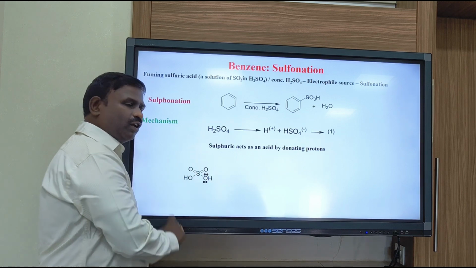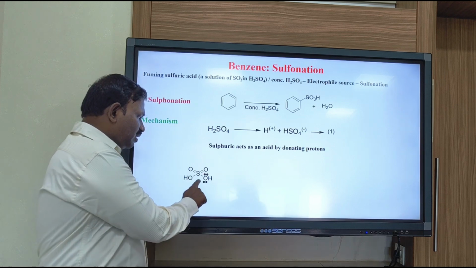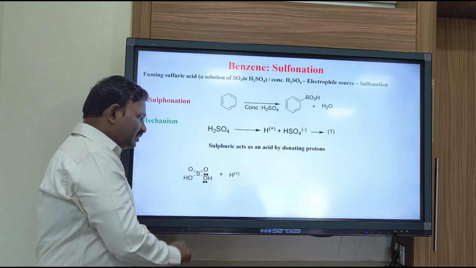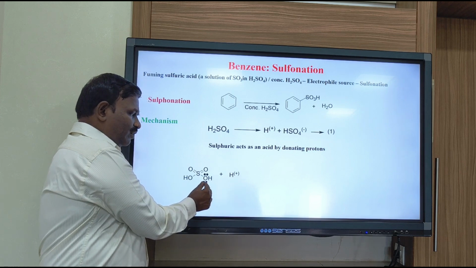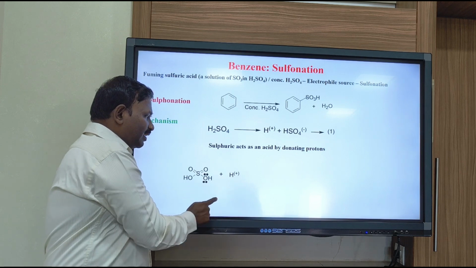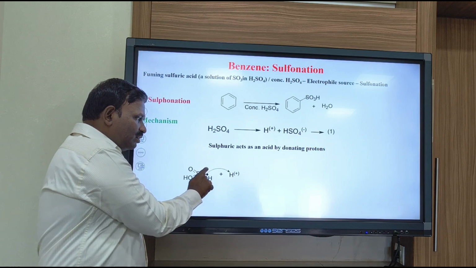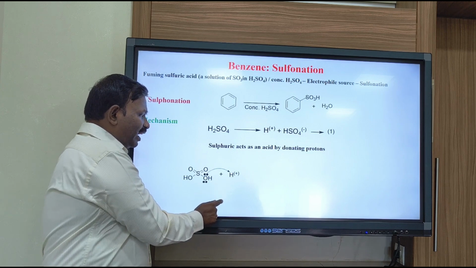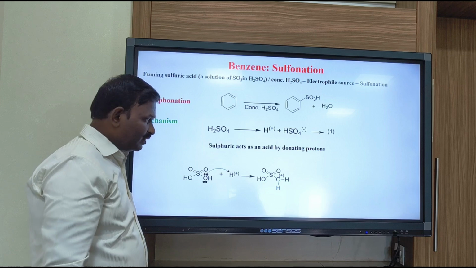This is the structural formula of sulfuric acid. The oxygen has lone pairs of electrons, and it reacts with H plus. This is an electron deficient species and this is an electron rich species. Always, unlike poles attract each other. The electrons attach to the H plus and protonation of sulfuric acid takes place.